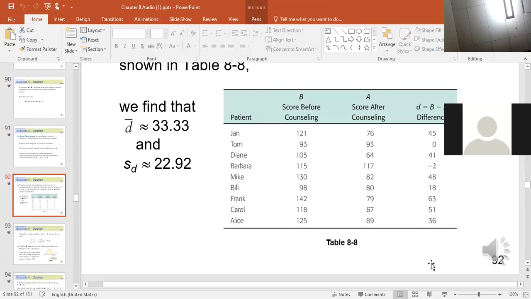If you were doing this manually, you would want to find that third column for the difference, b minus a, take the mean and the standard deviation of that one, to use that formula I gave you. But we are not doing it manually, so I'm just saying what you are supposed to do.